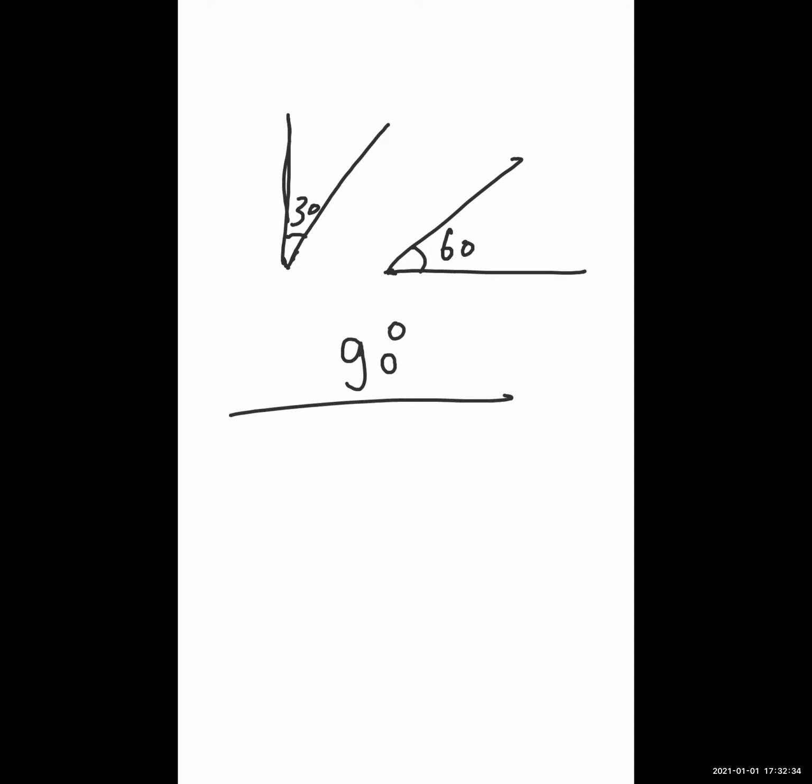So we can say that the two angles are complementary if the sum of their measurements is 90 degrees.